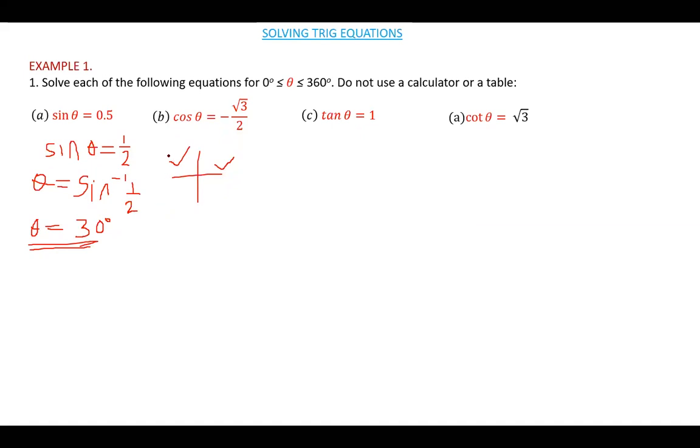And then we move on. In the second quadrant, your theta is going to be 180 minus x. We know that in the second quadrant there's this equation, 180 minus x. And then our x in this question is the same 30 that we found.